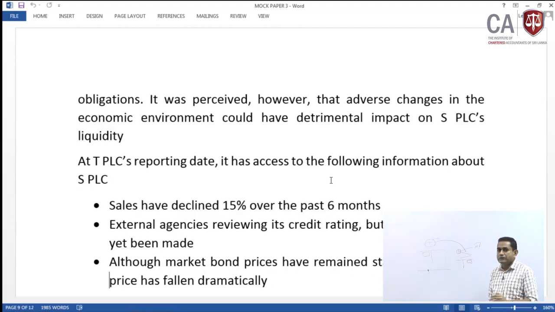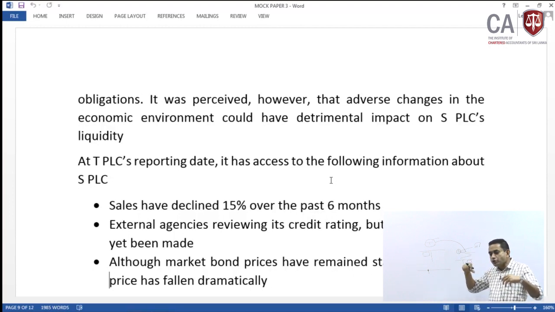Everyone else's bond prices remain static in the market. Come on, the bond prices of this particular company S have fallen drastically, and you need to question yourself what makes their bond prices fall dramatically. So, there may be some issues.